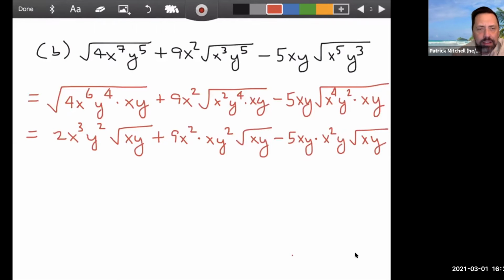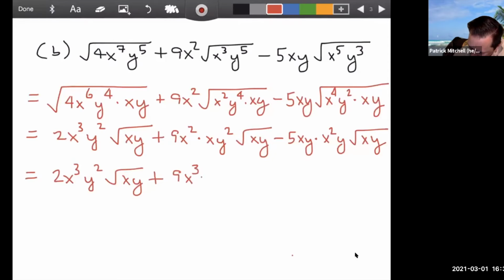All right, so now let's clean up some of the stuff that's sitting outside the radicals. I like this first one fine just the way it is, 2x to the 3rd y squared, square root of xy. And now, of course, when you multiply 9x squared times xy squared, you get 9x to the 3rd y squared.